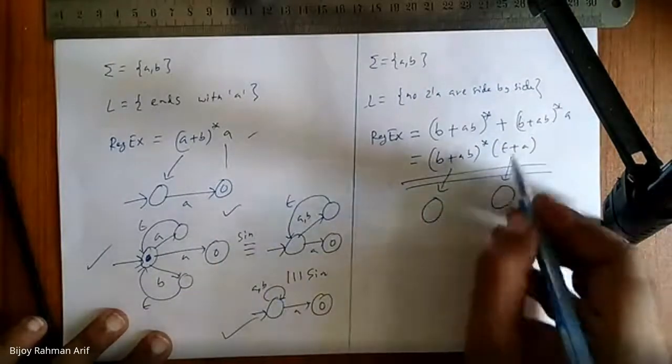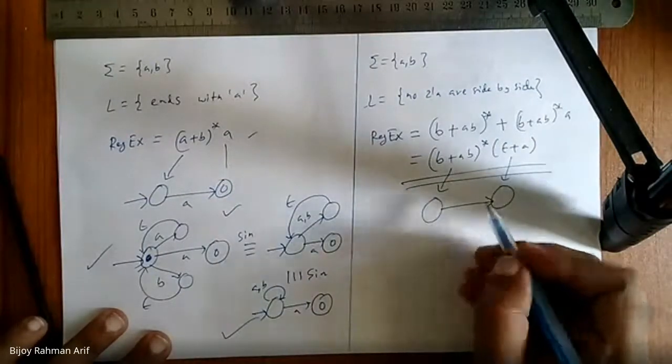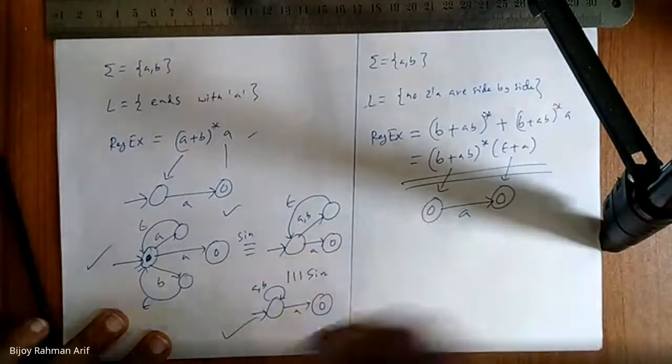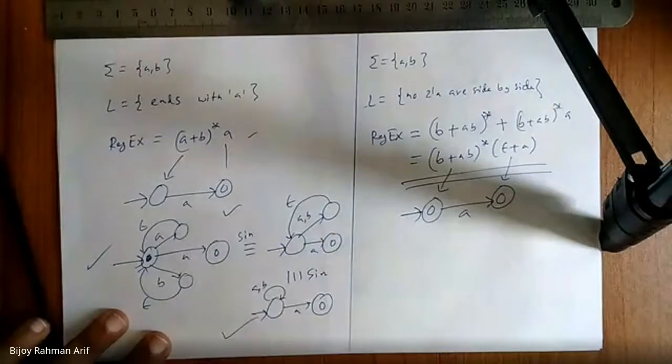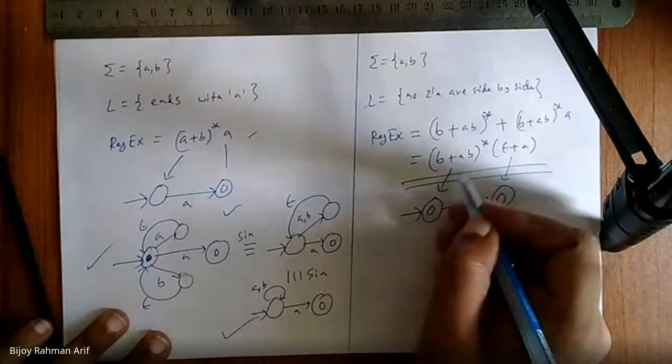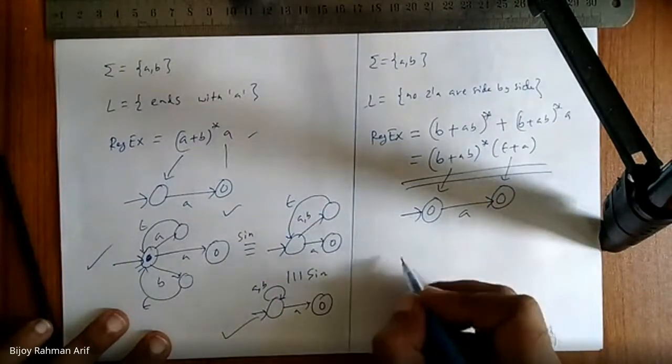After getting this one, either I'm going using A to the final state, or epsilon, that means this is the final state. Okay, fantastic. Then we are going to convert this. So what would this be? It will be like this.